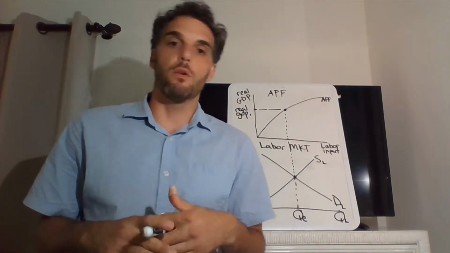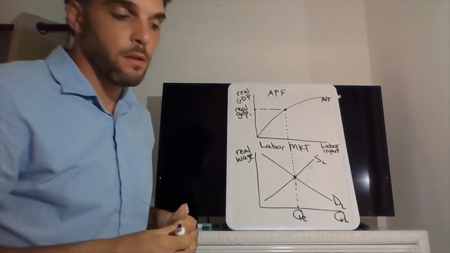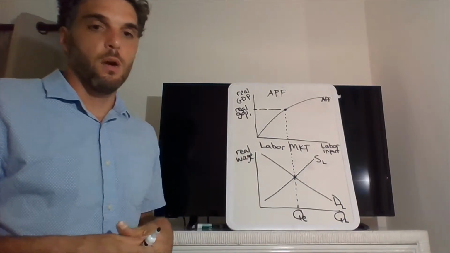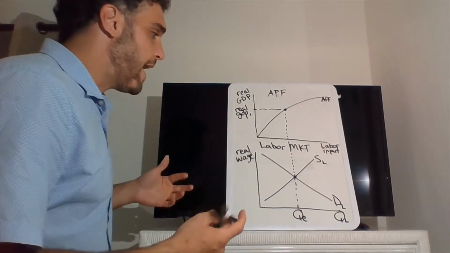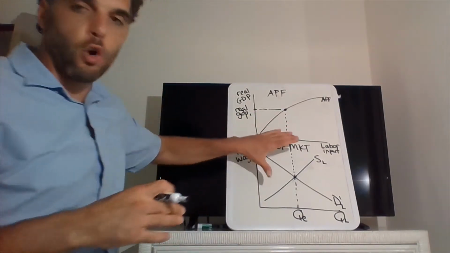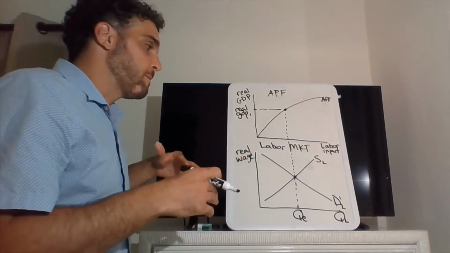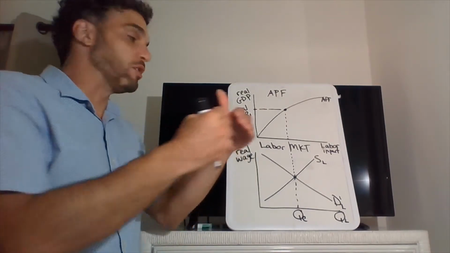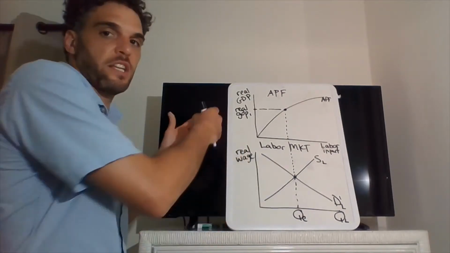Okay, so let's just assume we're starting at this equilibrium point. What happens when there's a shock to the economy? When output prices drop, when demand for output drops, when labor productivity drops, or when input prices rise? Well, if this is our initial demand for labor, to start off, we're going to assume that wages are flexible, that if the equilibrium wage in the labor market is below the current wage, wages can drop.